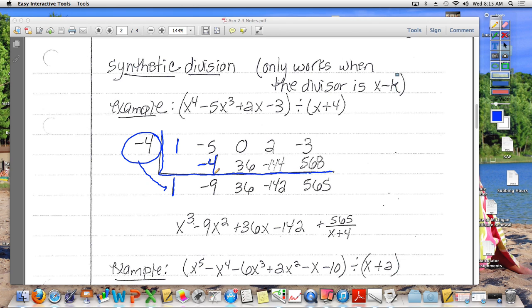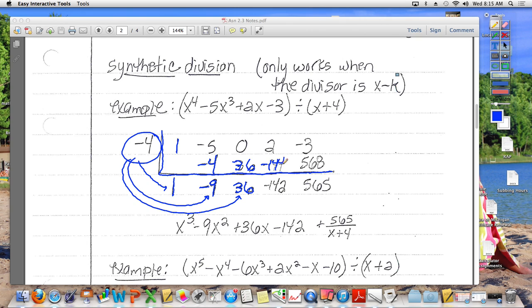You combine these two, a negative 5 and a negative 4, together give you negative 9. And now you multiply negative 4 by negative 9. Negative 4 times negative 9 is a positive 36. You add together the 0 and the 36. You get 36. Now you take negative 4 and you multiply it by 36. You get negative 144.